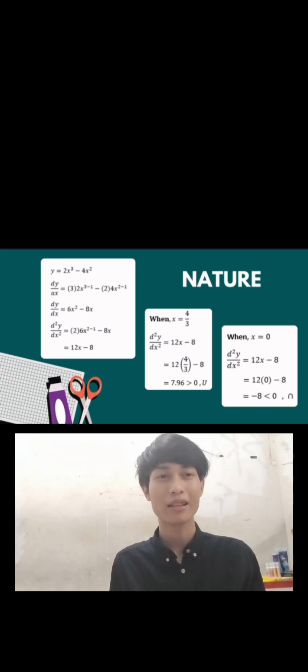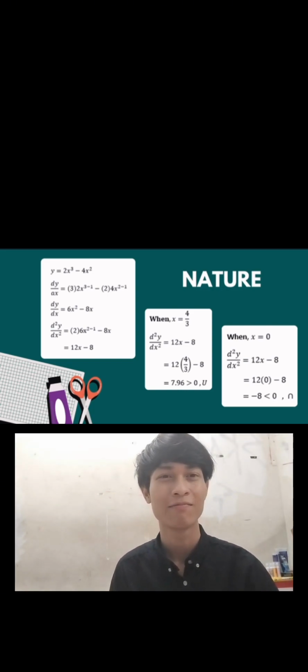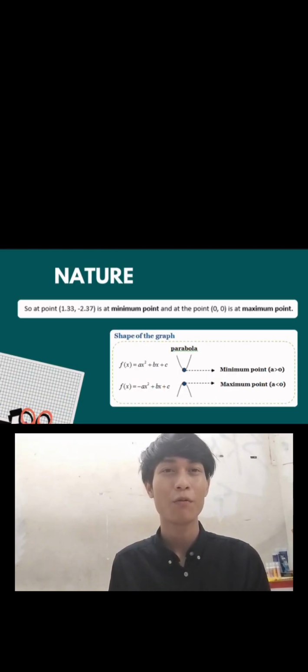The final answer is 7.96 here, which is larger than 0, so the graph will look like a U. Then we use the second x from the first step, x = 0, in the second order, and the answer is negative 8, which is less than 0, so the sketch will be an upside down U, more like an N. So at the point x = 1.33, y = -2.37 is a minimum point, and at the point (0, 0) is the maximum point.